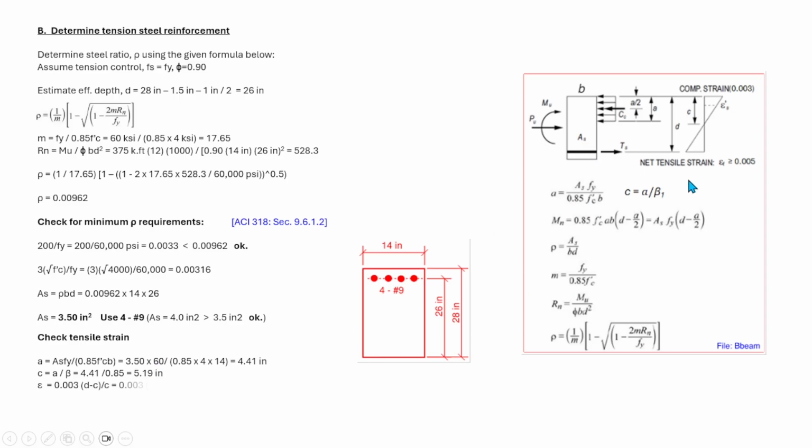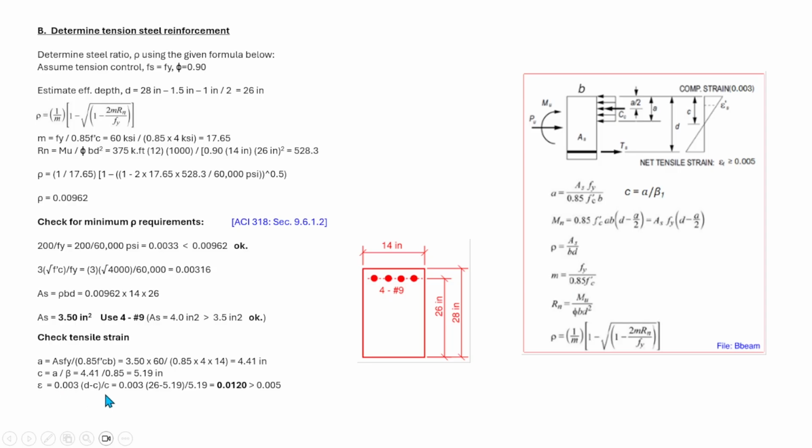The next one is to determine the tensile strain by ratio and proportion. We have the location of the neutral axis, which is c, so we can now determine the value of the tensile strain.